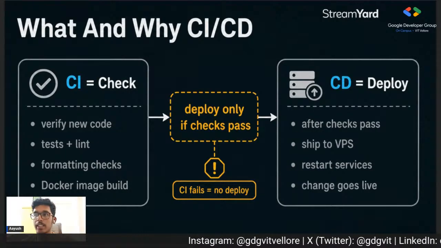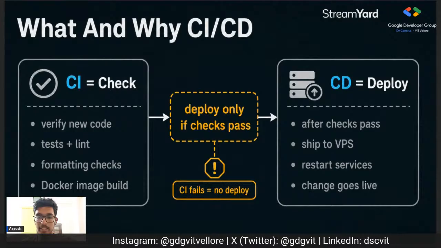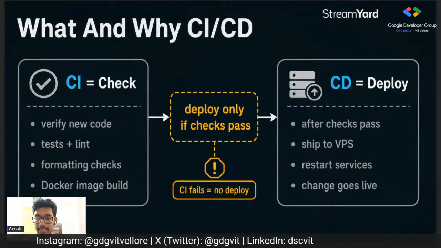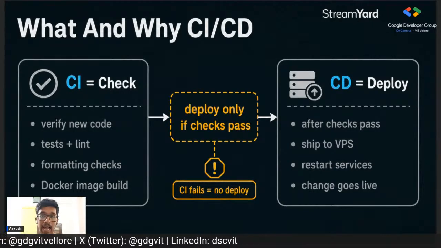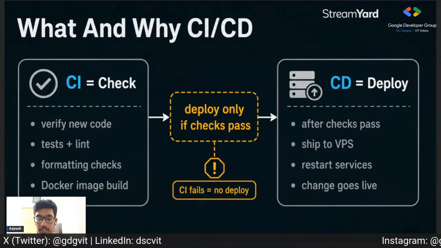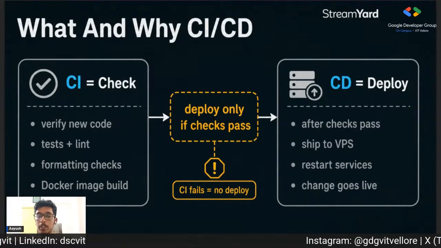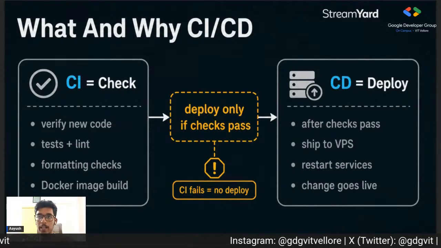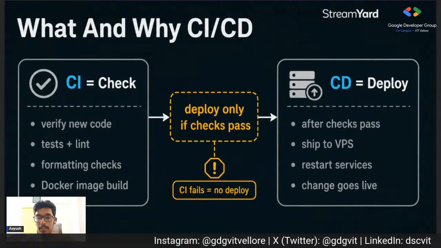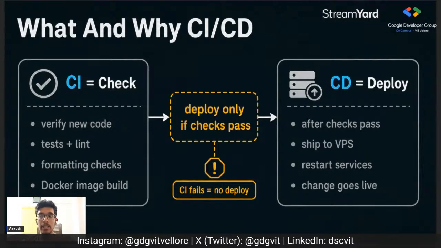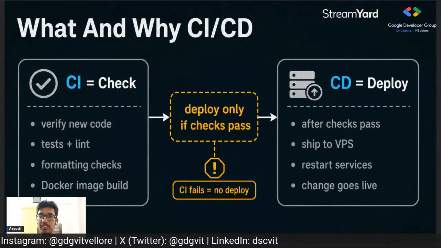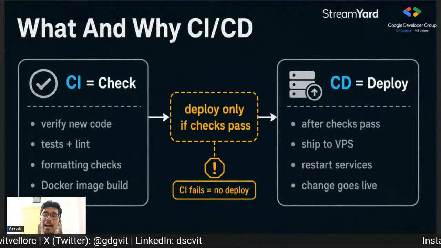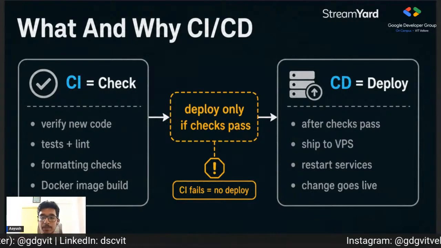In a real project, a CI pipeline might run linting, type checking, formatting, build the application, or build the Docker image. The goal is simple: before deploying, make sure the application works, so we don't ship a broken application out to our users.